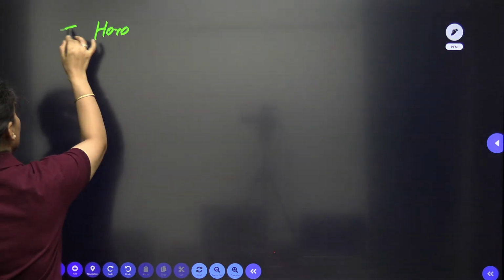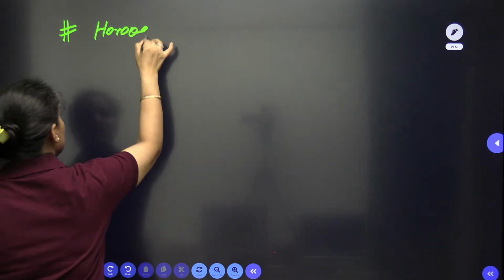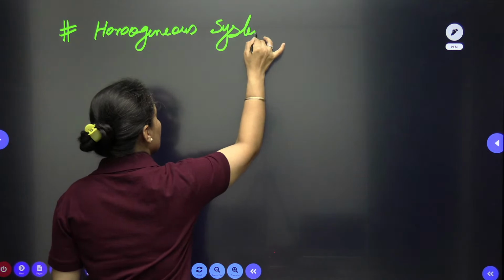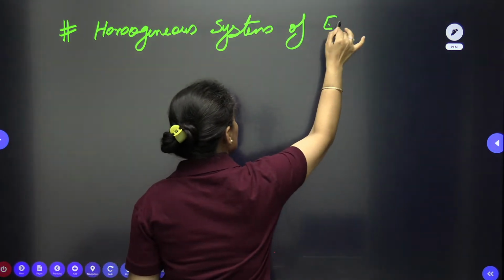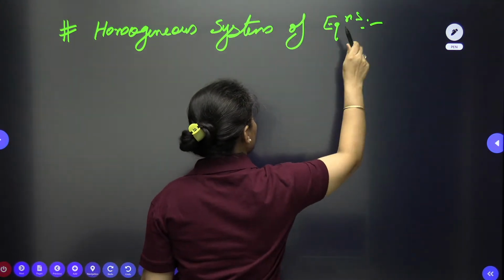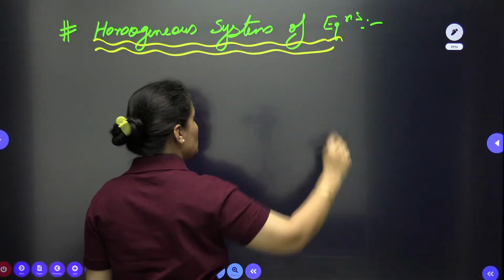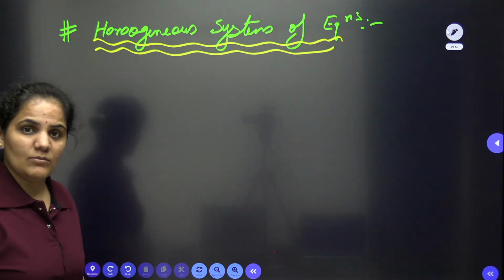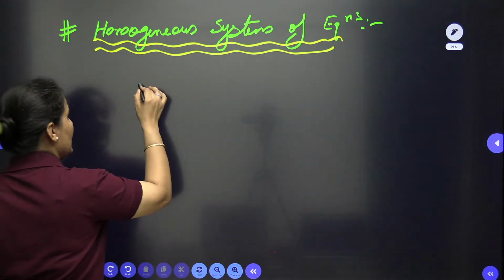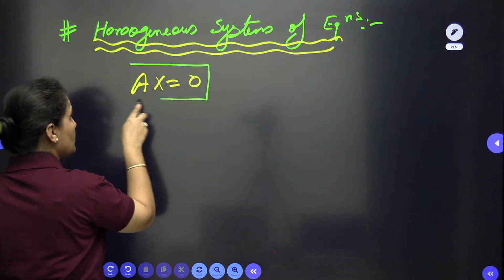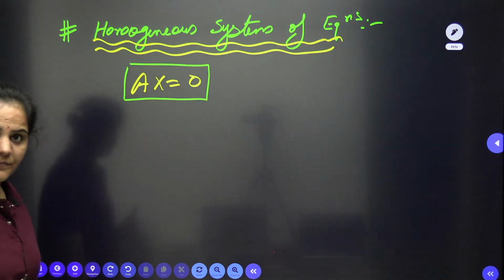So here we are going with the homogeneous system of equation. When we talk about the homogeneous system of equation, as I told you, this Ax is equals to 0 is said to be a homogeneous system of equation.